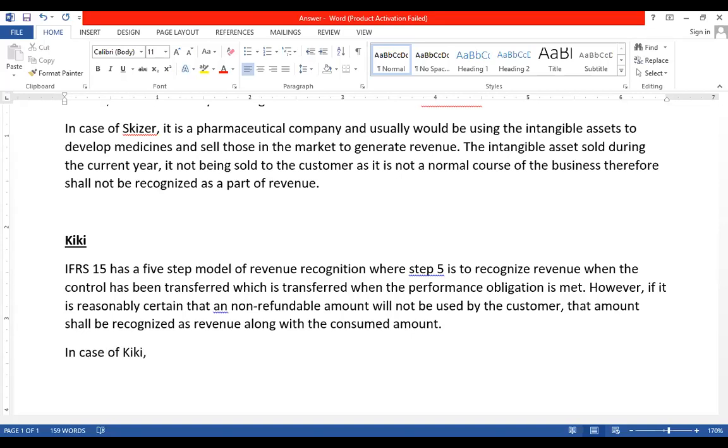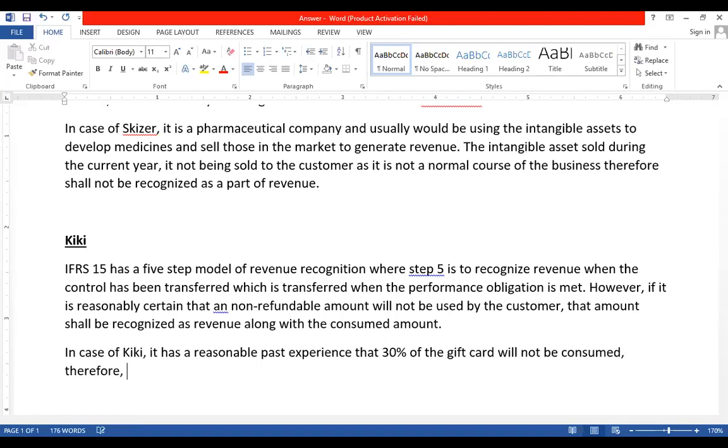In case of Kiki, it has a reasonable past experience that 30% of the gift card will not be consumed. Therefore, this 30% should be recorded or recognized as revenue along with the expected consumption of 70%.